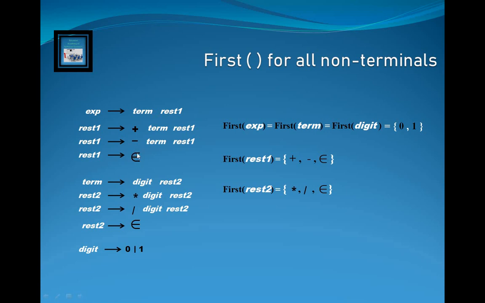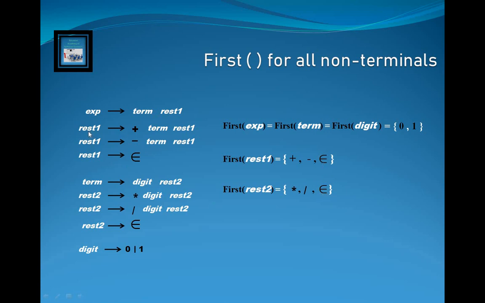Just recall the concept of the first function, where we learned that if some non-terminal has an epsilon production, then epsilon must also be part of its first set. So in case of rest1 as well as rest2, epsilon will be part of the first sets.